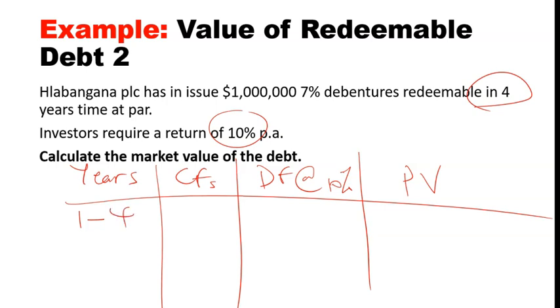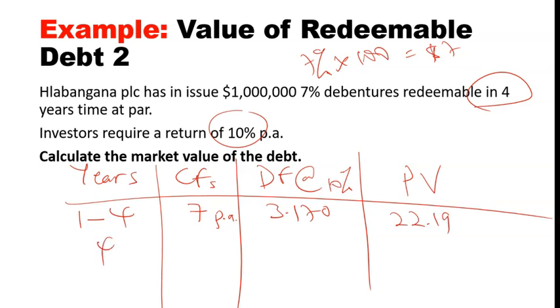So to year 4, the cash flows, that's 7% multiplied by 100. That's $7 per annum. All right, and the discount factor, the annuity factor, 10%, 4 years, that's 3.170. You can obtain this figure from the annuity tables and multiply by 7, that's 22.19.